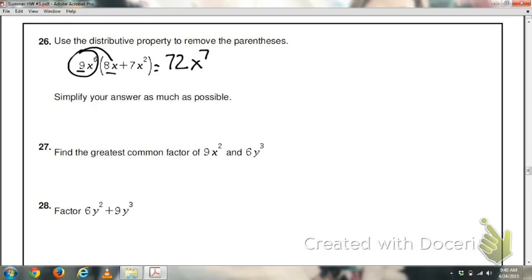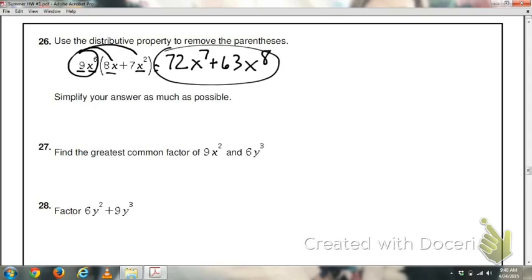So that first term is just going to be 72x to the 7th, and then I have to do 9 times 7 here, that's going to be positive 63, and then x to the 6th times x squared, that's a total of 8 x's if you add 6 and 2. And I can't add these up because they're not like terms, so I'm stuck with that as my final answer.